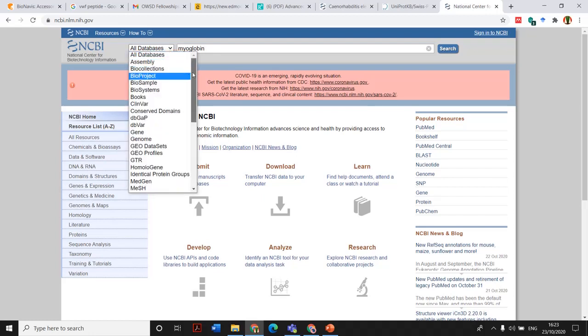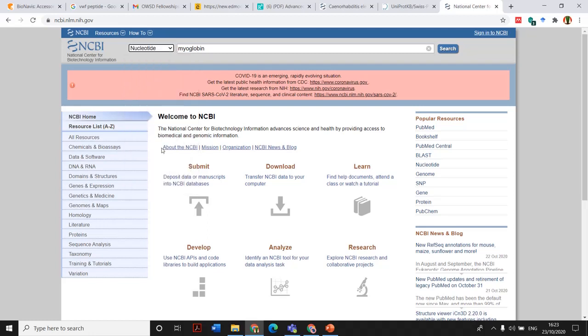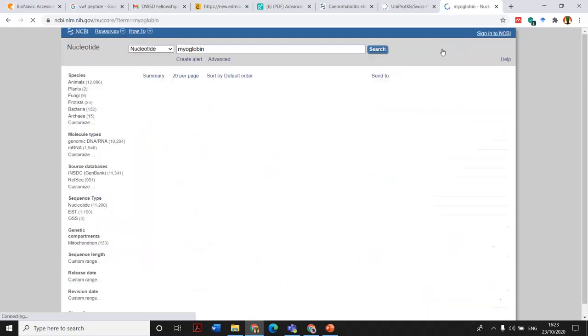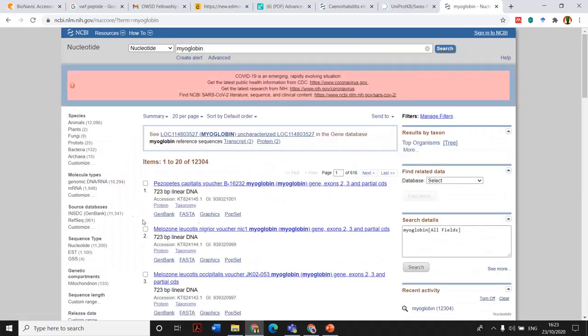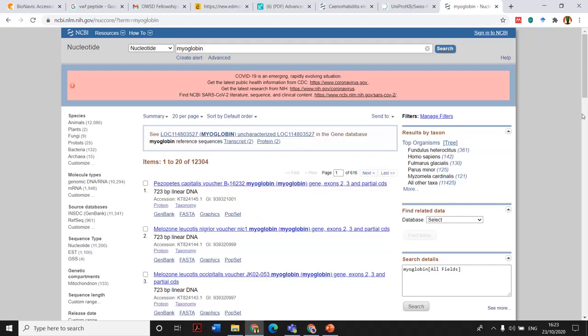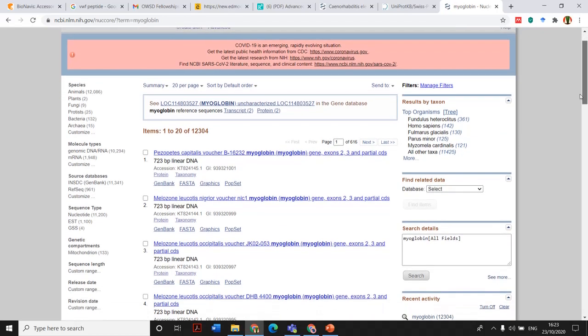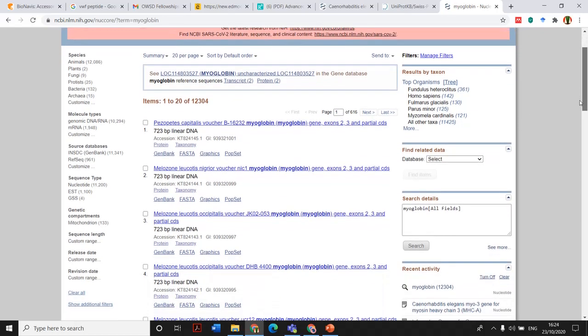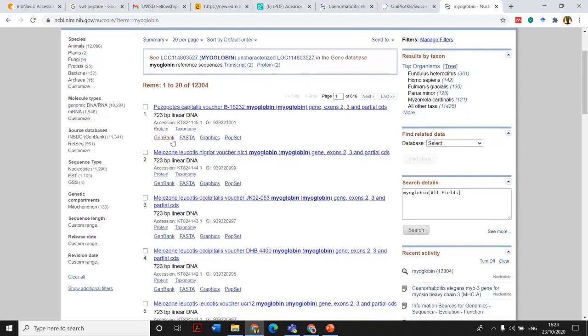I'm just going to go and write nucleotides. So as you can see, it's given you a huge number of myoglobin related proteins. You have GenBank. Most of them are GenBank, right? So let's just pick one.